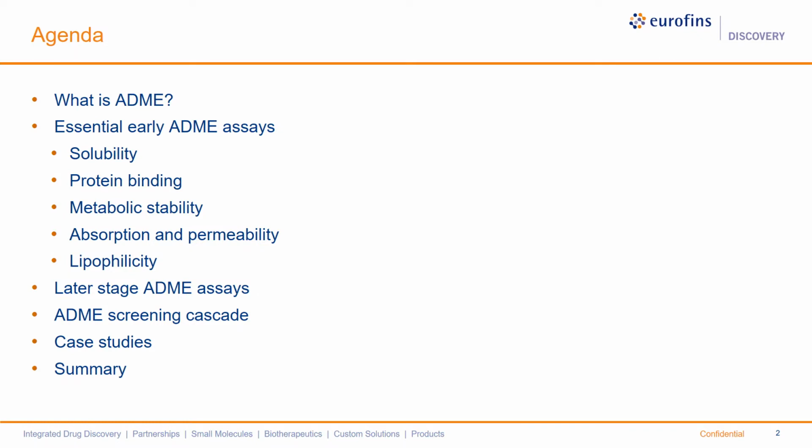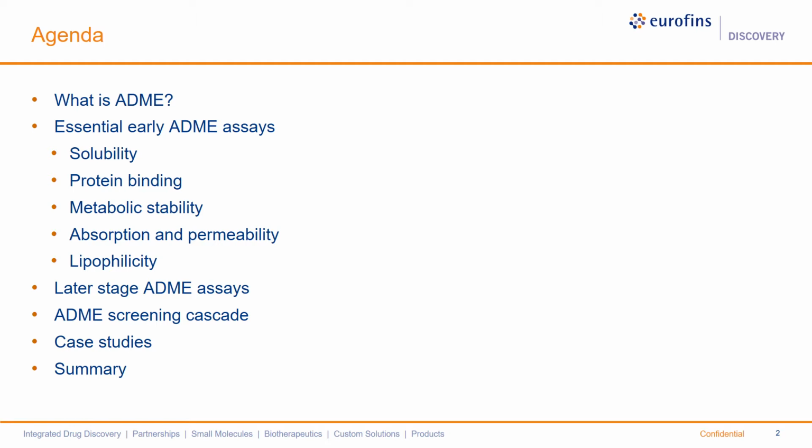This is an overview of the agenda that we will cover today. We will start with taking a look at ADME, what is it and how is it important in drug discovery. We will then look at some of the assays that can be used to address the different aspects of ADME.